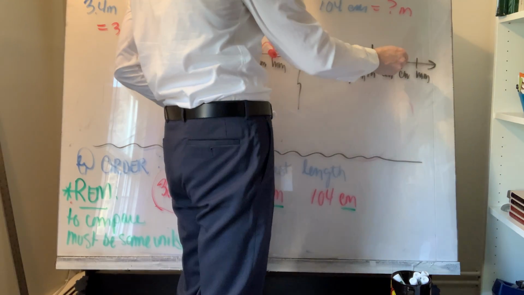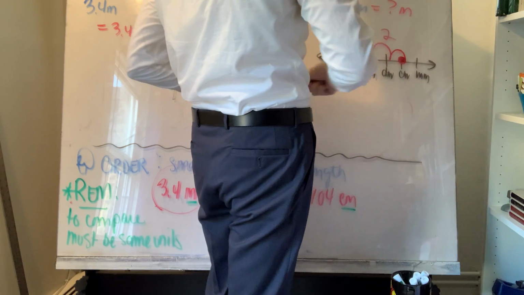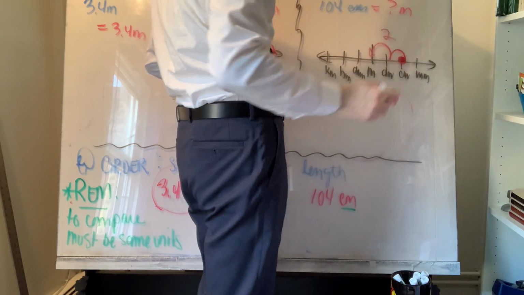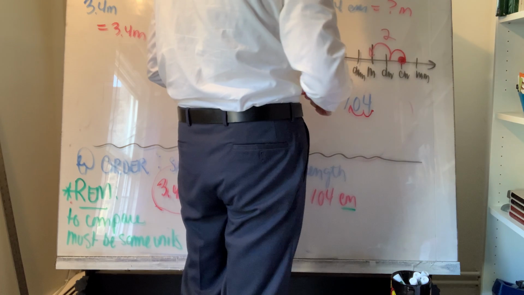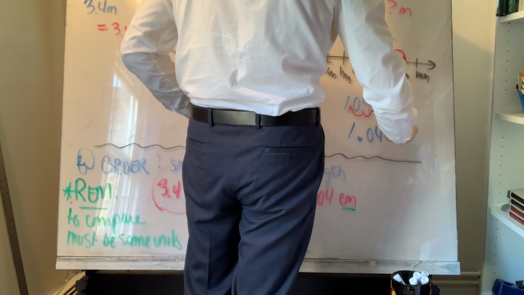Converting to meters, you've got 1, 2 spaces. So if you have 104, the decimal would begin there, and you just make 2 jumps, 1, 2, and you end up with 1.04 meters.